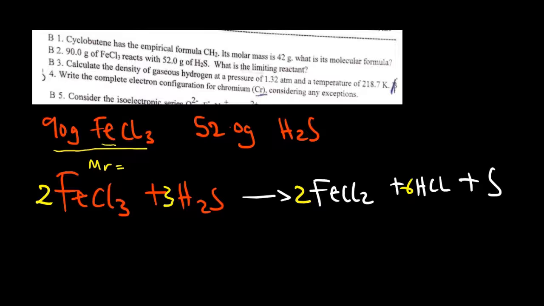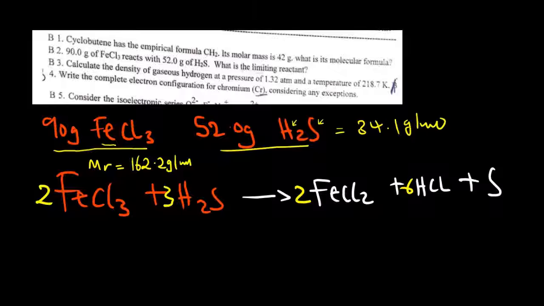You should get approximately 162.2 grams per mole. What about the molar mass of hydrogen sulfide? You add the mass of sulfur plus 2 times the mass of hydrogen. I'm getting approximately 34.1 grams per mole.